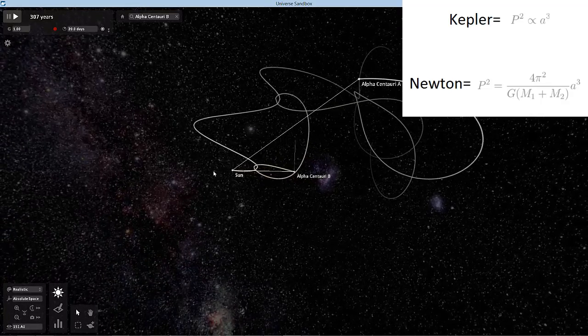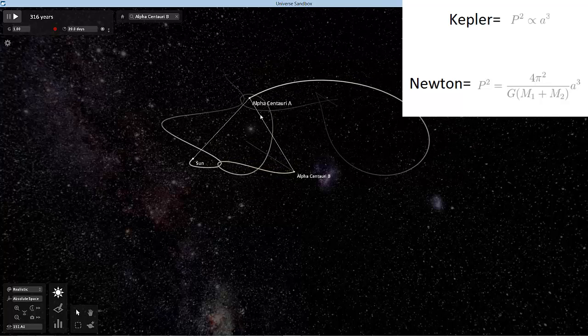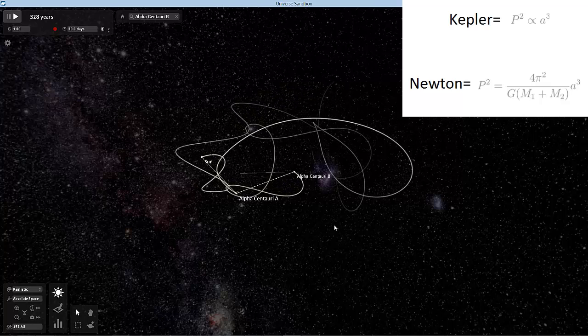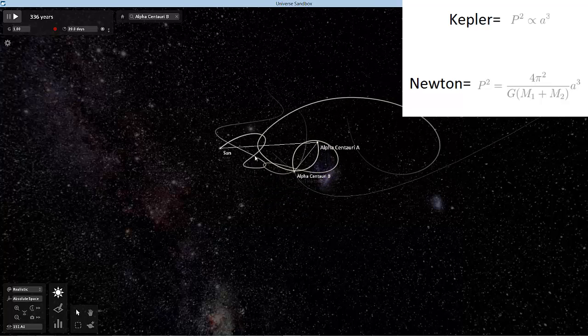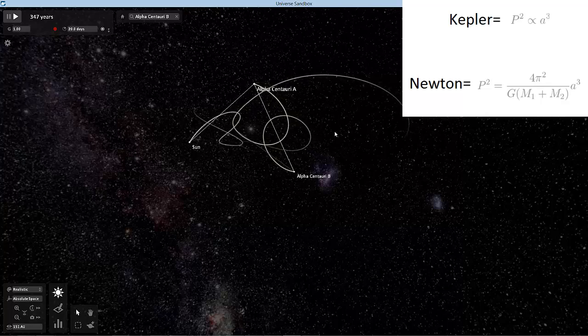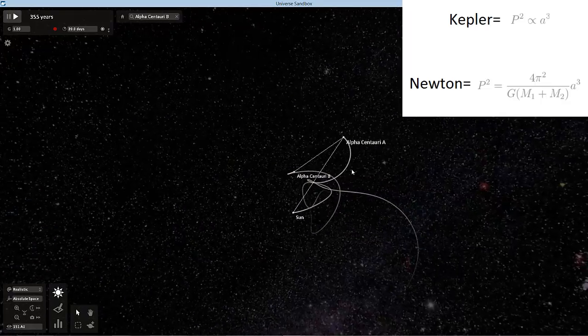And you see that they just slingshot around each other. I don't know, maybe it will work. Last time I did this, the two stars shot off from each other and one was stuck in the middle. That's quite interesting.